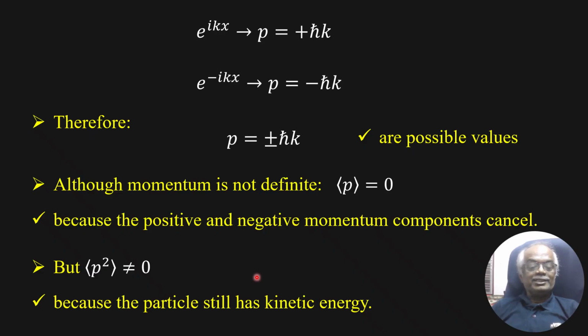From this lecture, it is very clear that the infinite potential well eigenfunction is not a momentum eigenfunction. However, it is an energy eigenfunction, because p squared is not zero. After all, energy is equal to p squared over 2m.